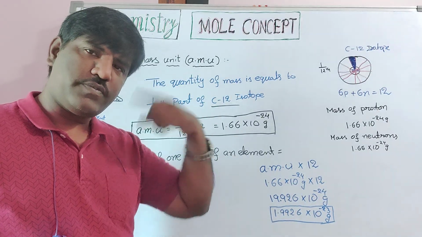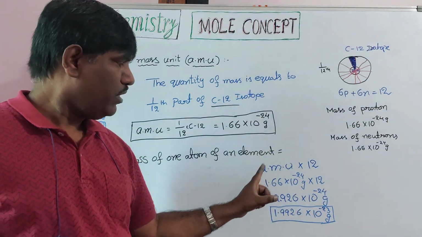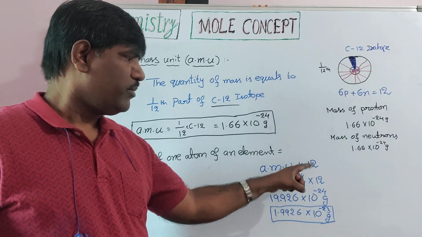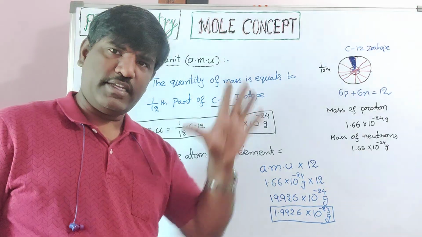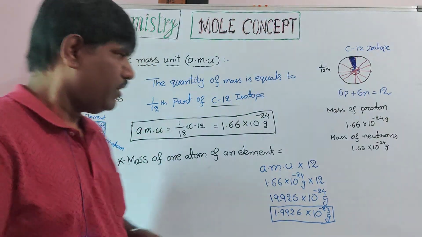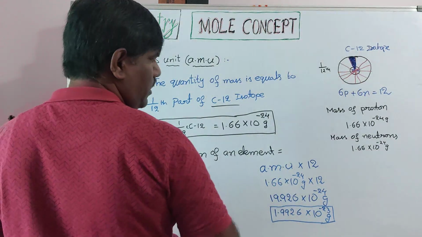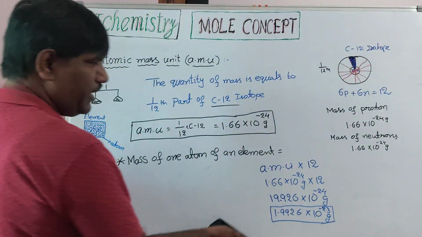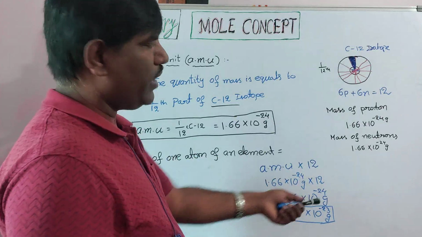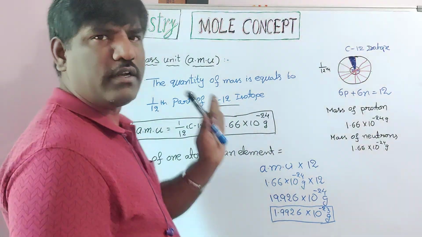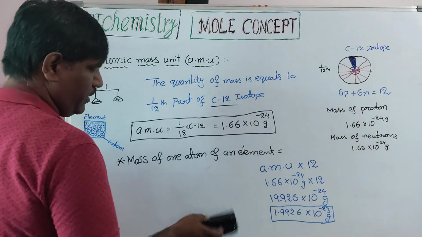Water is 18, no? How many parts did we divide into? 18 parts. So 1.66 into 10 to the power of minus 24 into 18. For carbon I directly mentioned 12 here, but we want a common formula for every element.